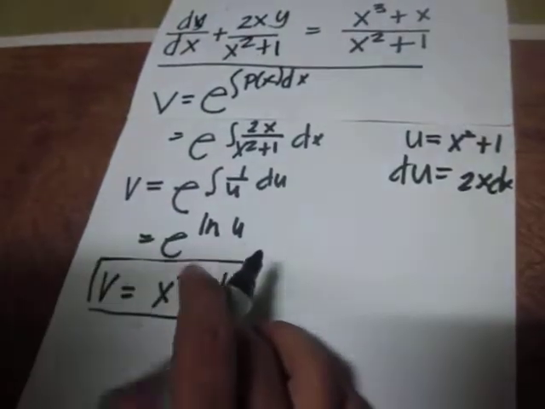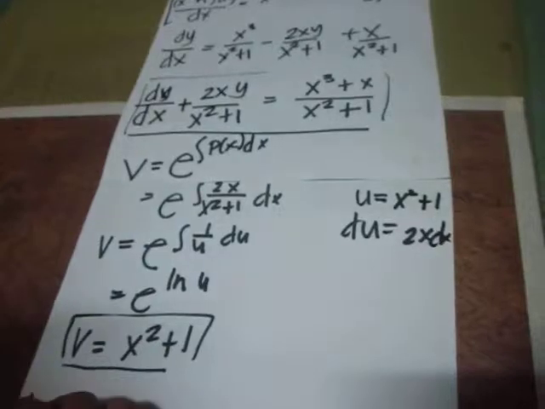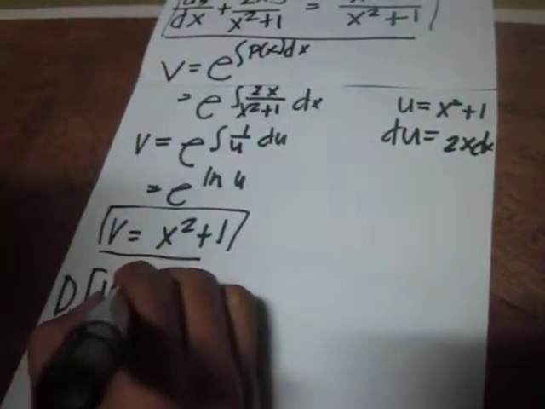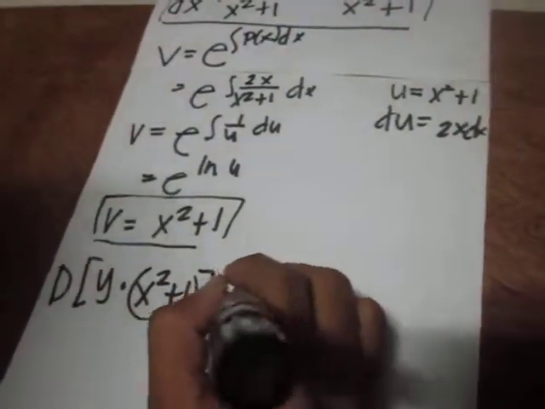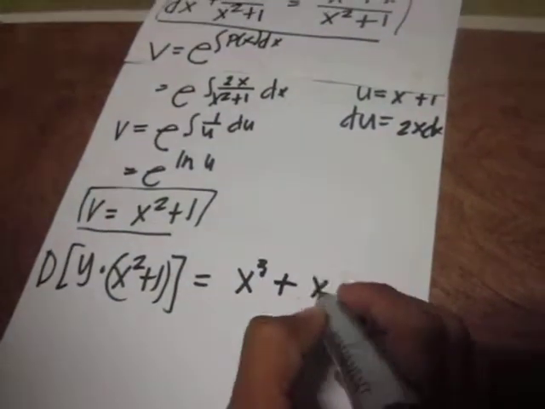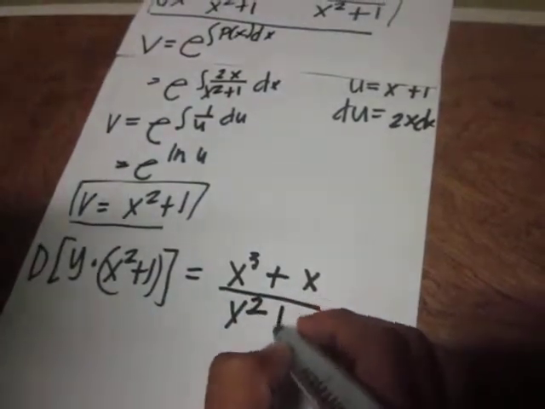Multiply this integrating factor to our equation. So we have our independent variable, then (x squared plus 1) times y is equal to x cubed plus x over x squared plus 1 times x squared plus 1.